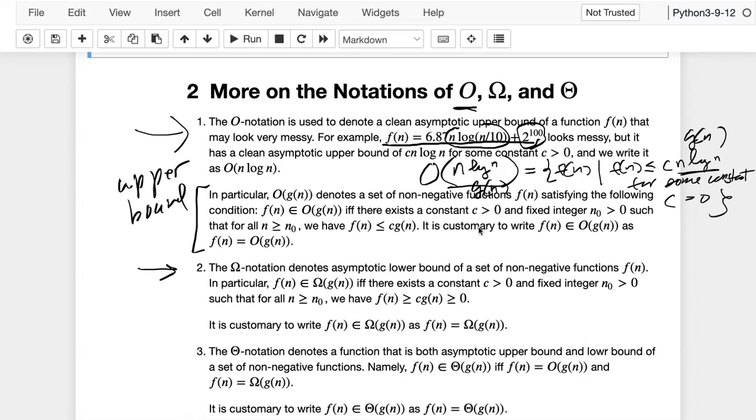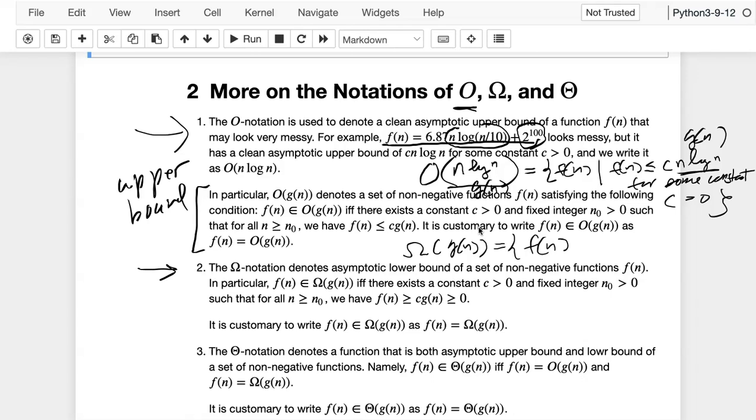Big omega of g of n will be the set of all functions f of n such that g of n is the lower bound of f of n.